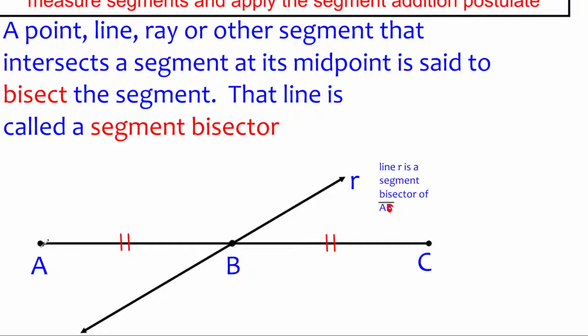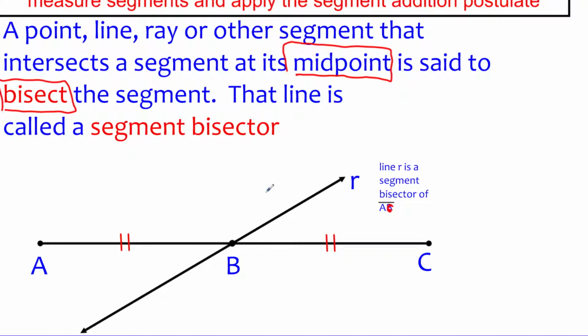From A to C, we cut it right in half through B, and we created two equal segments. So the word bisect for our purposes is going to mean something very similar to the word midpoint, because a bisector goes through a midpoint and does the same thing, creating two equal segments. They are related terms. When you see bisect and when you see midpoint, you think the same thing: I have two equal pieces now.